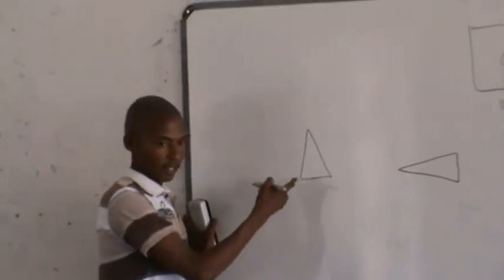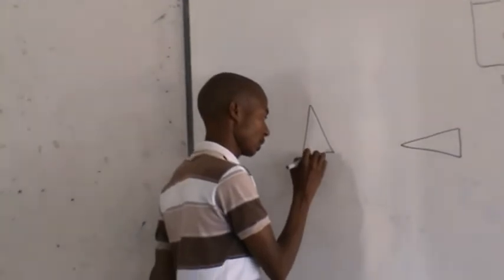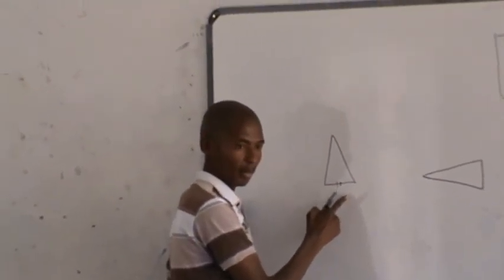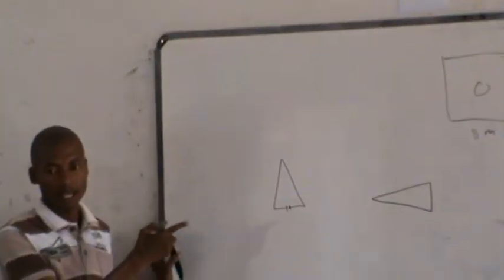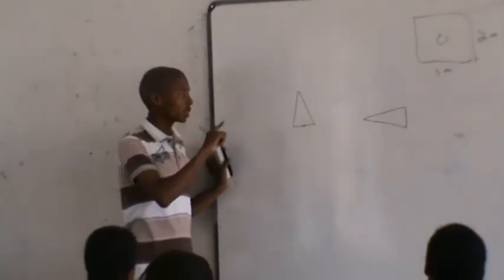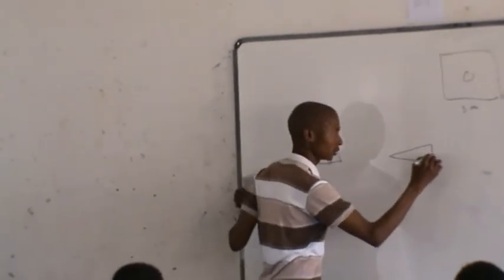Now, looking at these two triangles, suppose this length, we are going to be measuring this length basing ourselves on the correspondence. So we are going to say corresponding side. So this side actually corresponds to this one.